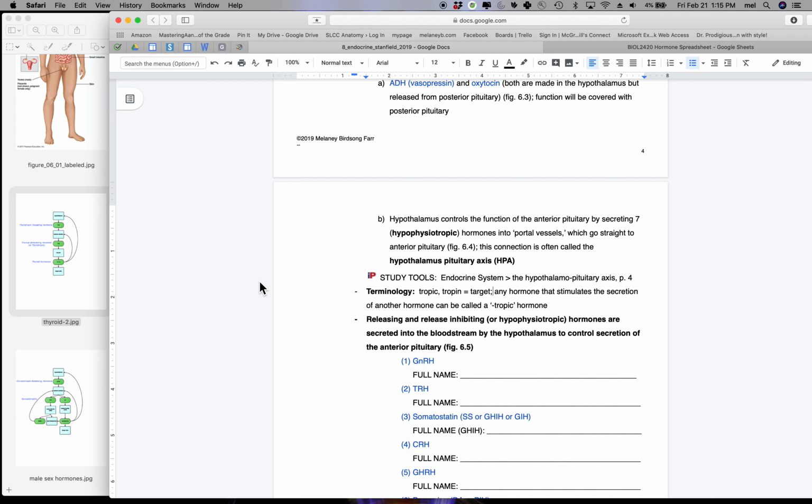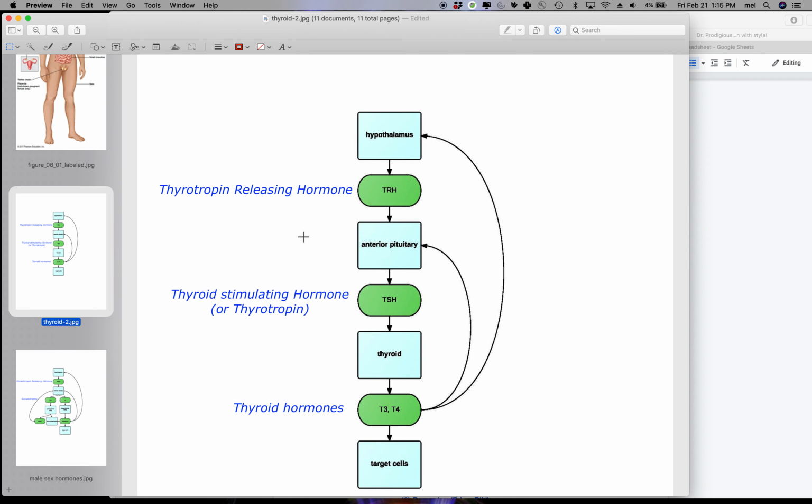So let's back up just a little bit and look at this. So this guy right here is not thyrotropin. It's thyrotropin-releasing hormone. So what this one is going to do is it's going to cause the release of a hormone that's headed to the thyroid. So when you put releasing or inhibiting in there, it's one step back. So let's do this one more time.